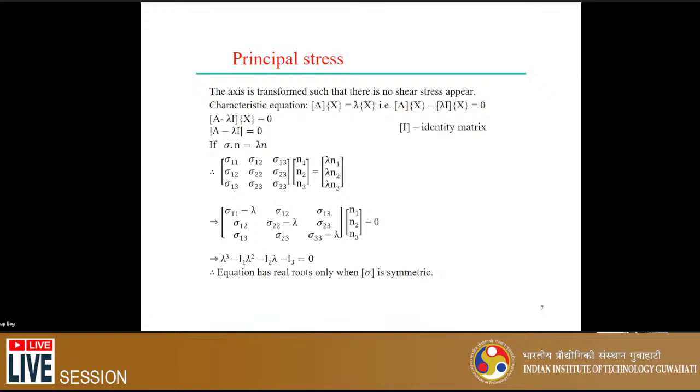For the three-dimensional state of stress, we can look into this characteristic equation. Say, for example, x is the variable here, Ax equals lambda x. This is called the characteristic equation of the stress.